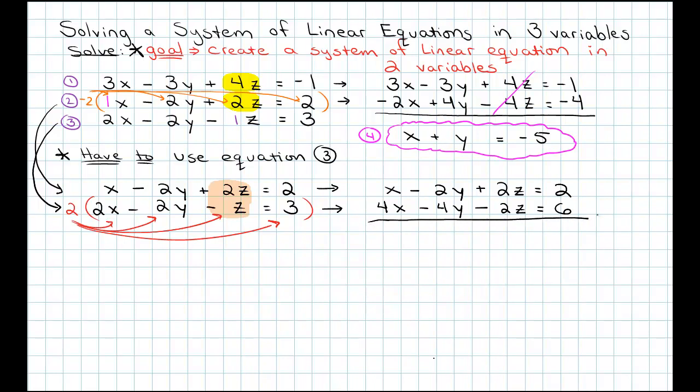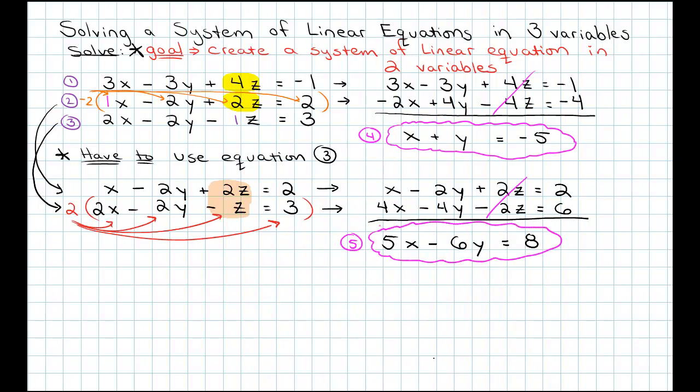Now we add those two together and our z terms cancel out, which is exactly what we wanted. And we are going to be left with 5x minus 6y is equal to 8. And I'm going to call this equation number 5.